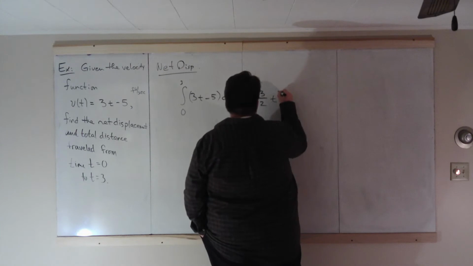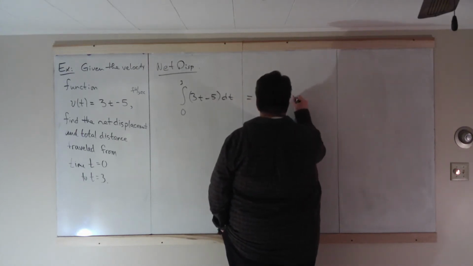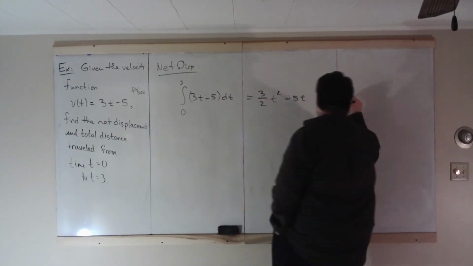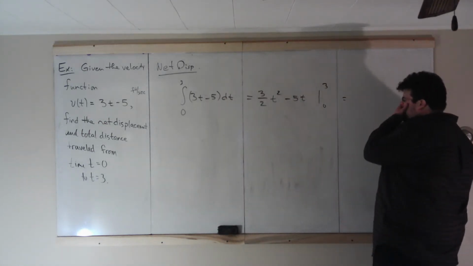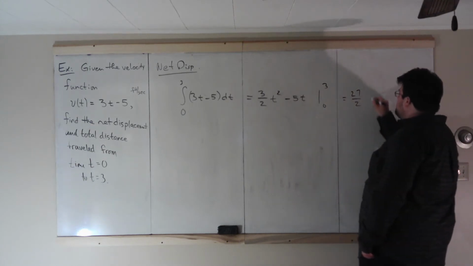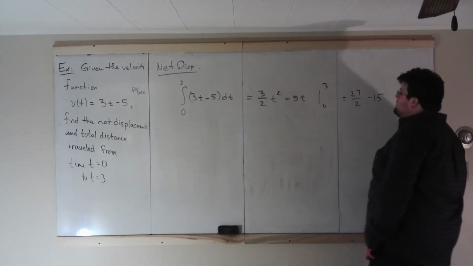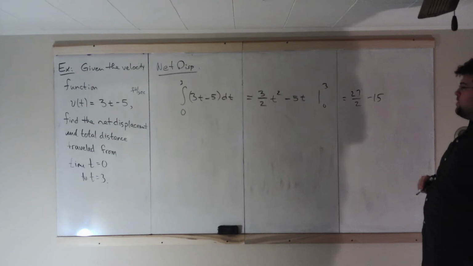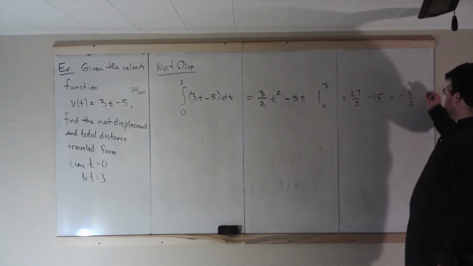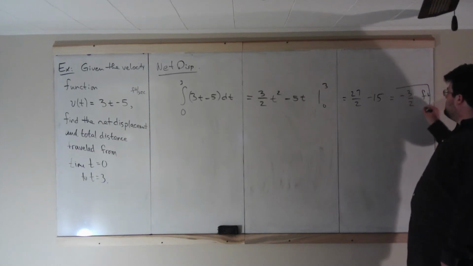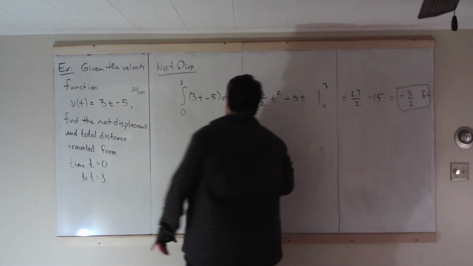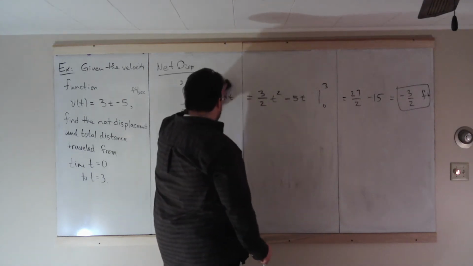So we get 3 halves t squared minus 5t, evaluated from 0 to 3. And what do we get? Well, 27 halves minus 15. Substitute t equals 0, you get 0 minus 0. So we get negative 3 halves feet. So net displacement, 3 halves in the negative direction.